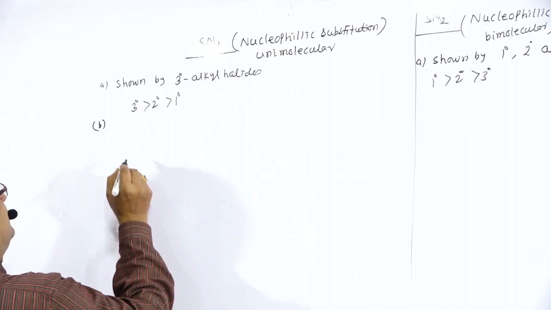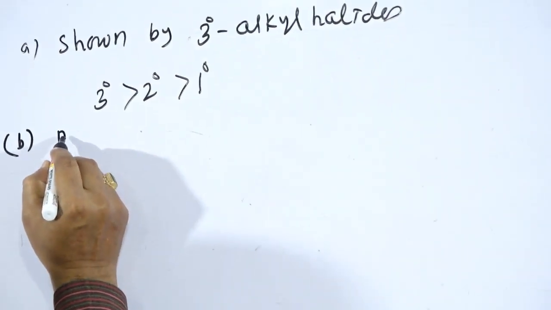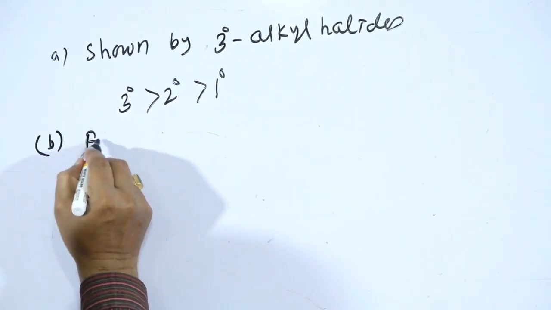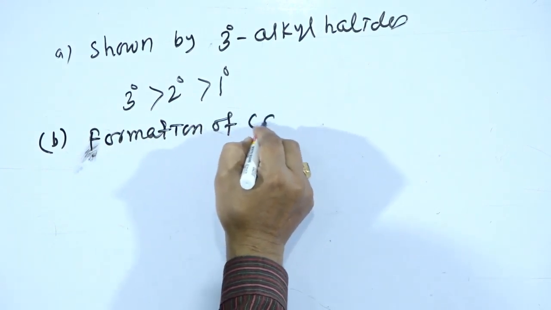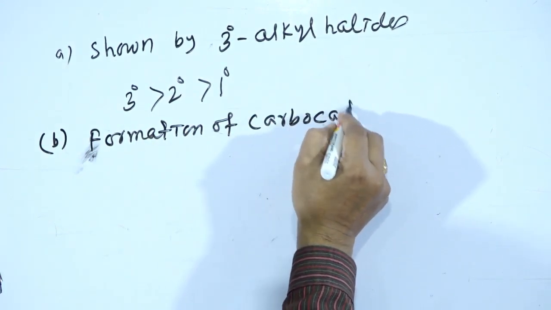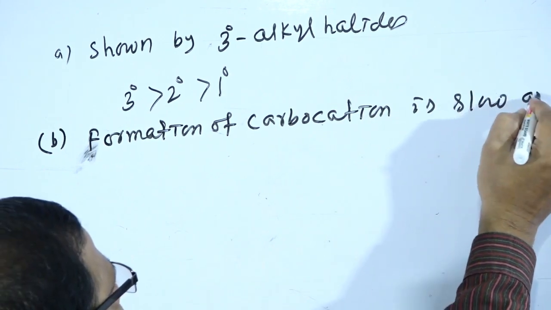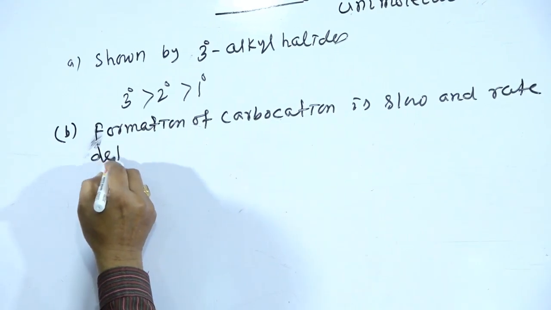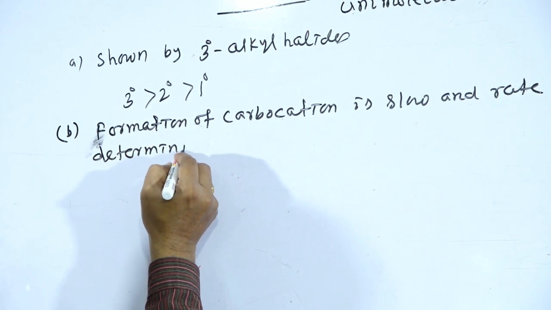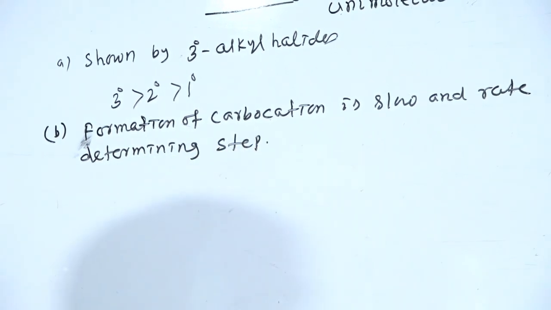Second, in SN1 the formation of carbocation is slow and is the rate determining step.